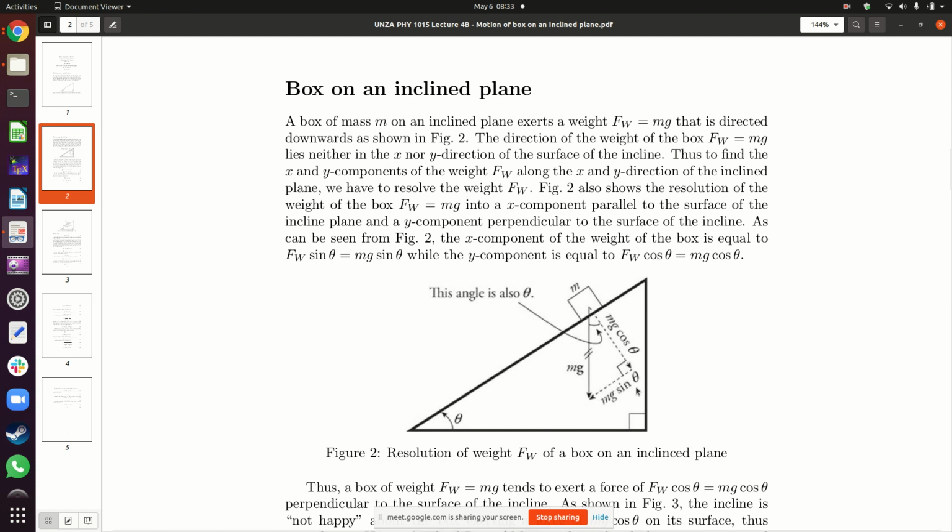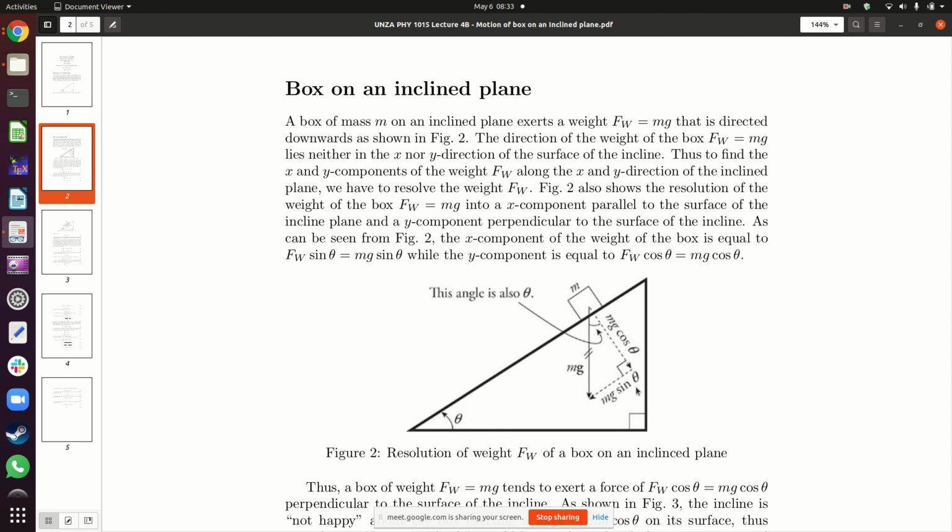So it will be difficult for us to find the resultant force, because we need to find the resultant force along the x-axis and also along the y-axis.